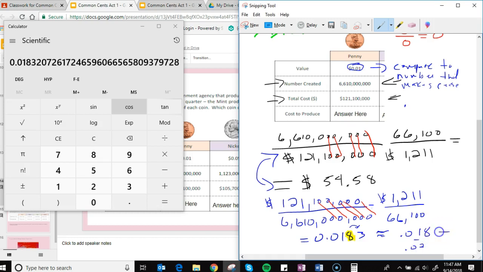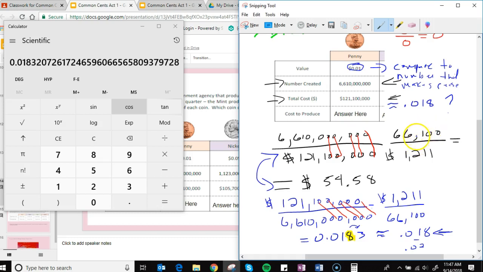But because we want to be fairly accurate, we want to understand that to create 1 penny, it's approximately, there's my approximation sign, 0.018 of a cent. So it's almost 2 pennies to create 1 penny. And we're like, wow, that's pretty incredible.